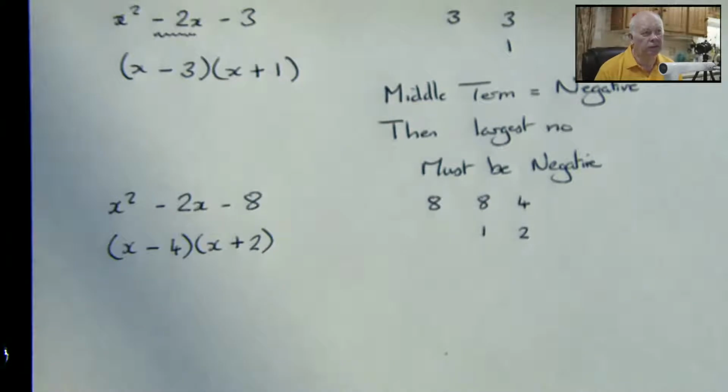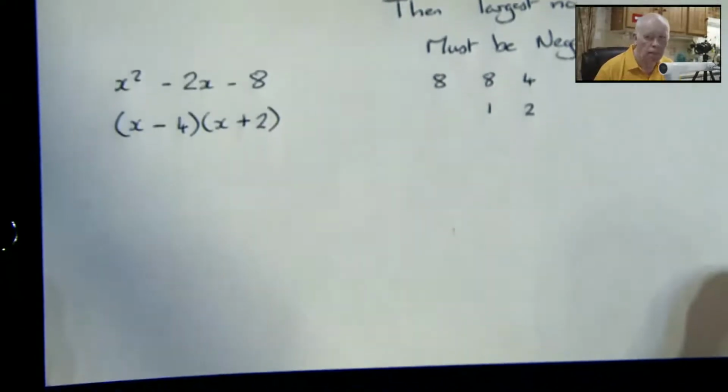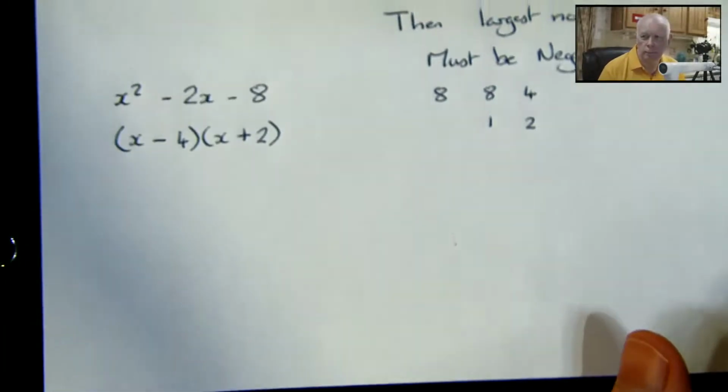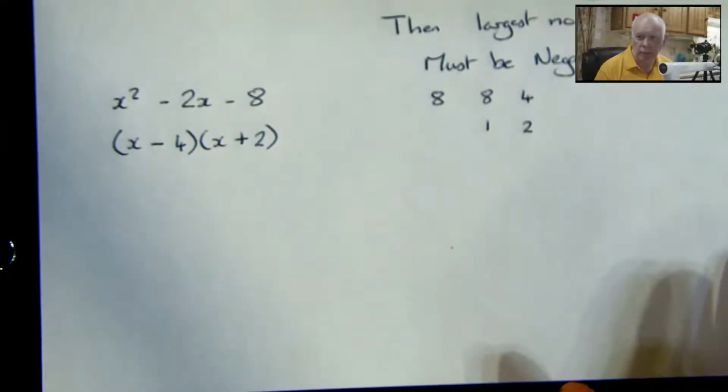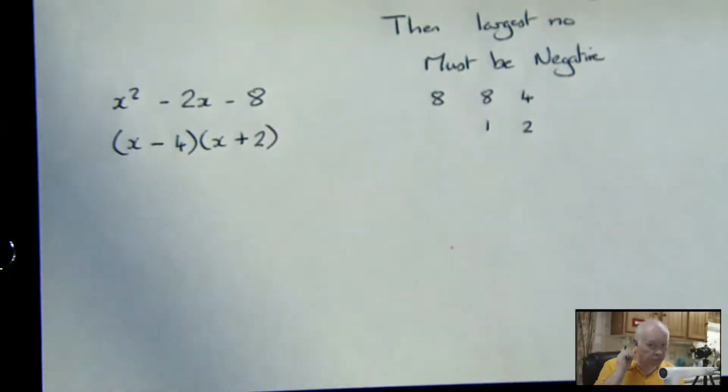Let's do the same thing this time, but what we're going to do is solve the equation. I'll leave my factors up there, and I'll move my window down to the bottom.